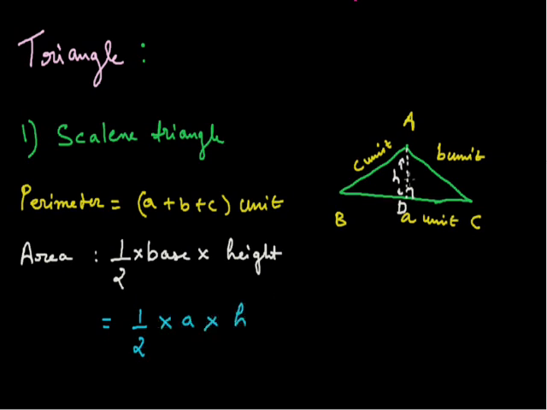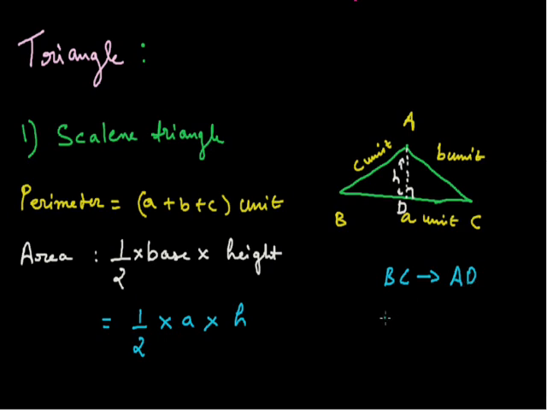Now, since we have 3 vertices and 3 sides of the triangle, we can have 3 altitudes. But we have to take the corresponding base and altitude. That is, if I am taking BC, then its height will be AD.